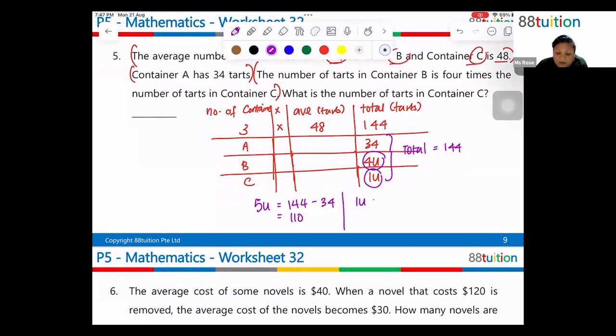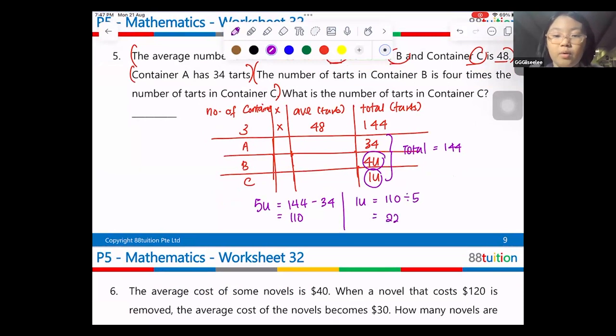So 1 unit will be 110 divided by 5, which is 22. So there are 22 tarts in container C. Now, I've used the table, even though it's not necessary, so that I can organize my thoughts and information.